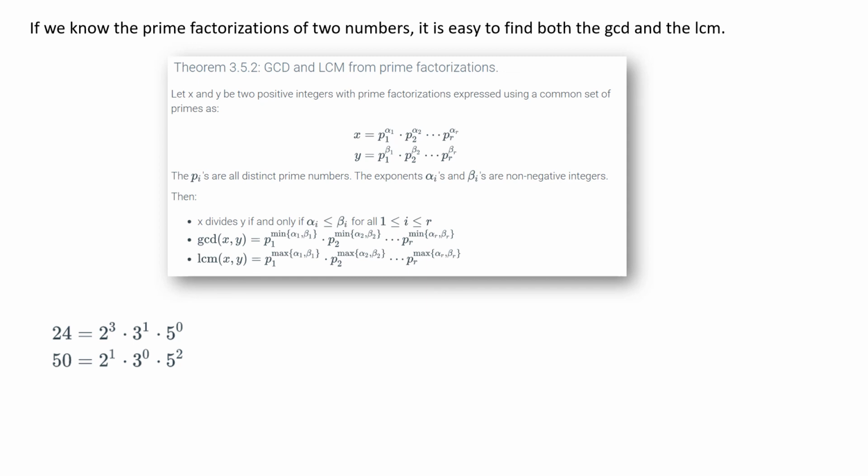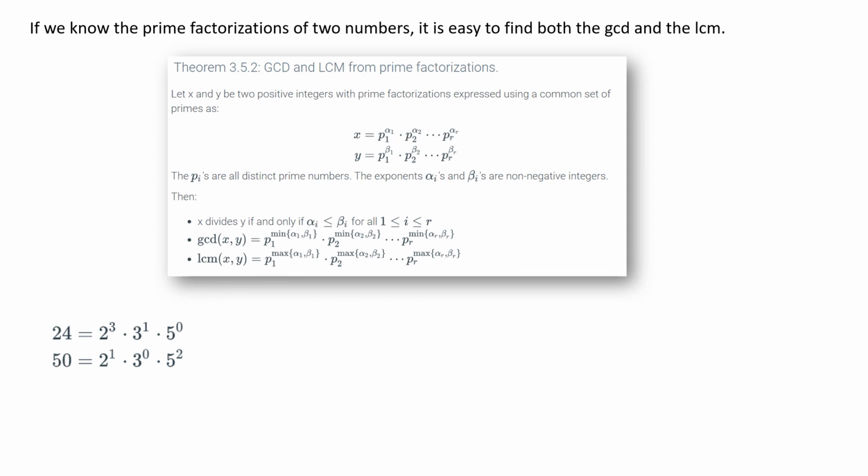Well, 5 is not a prime factor of 24, but I could write that as 5 to the 0th, right? 5 to the 0th is just a 1, so it doesn't hurt to just multiply all of that by a 1. And the reason I want to do that is because 5 shows up in the other one.